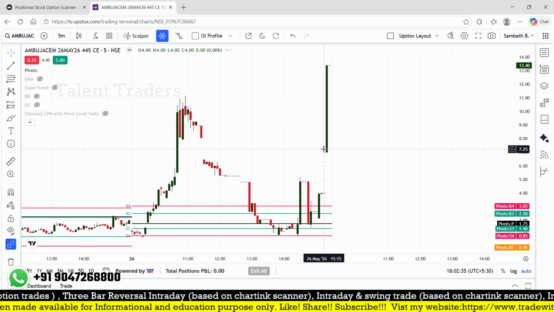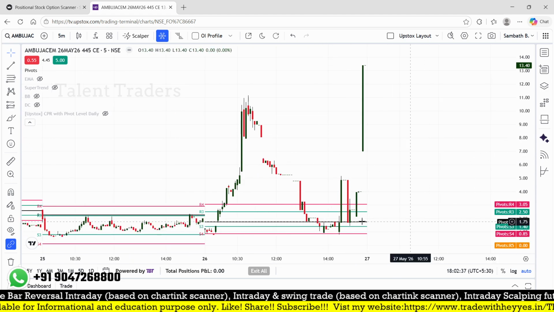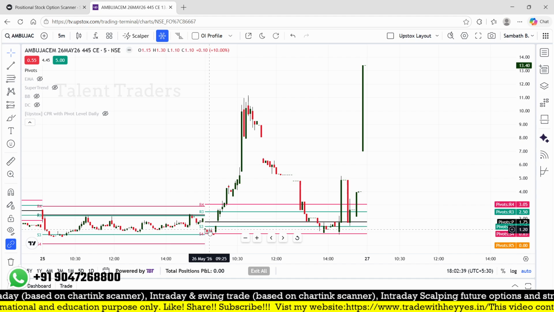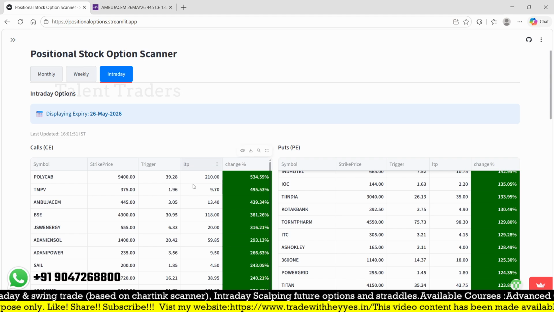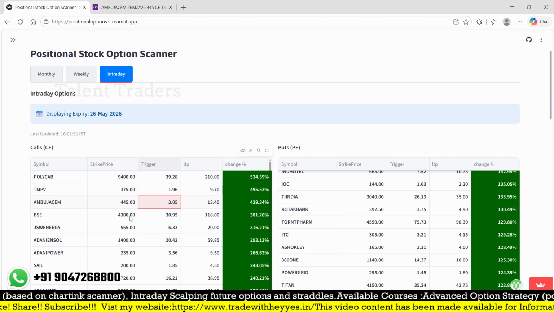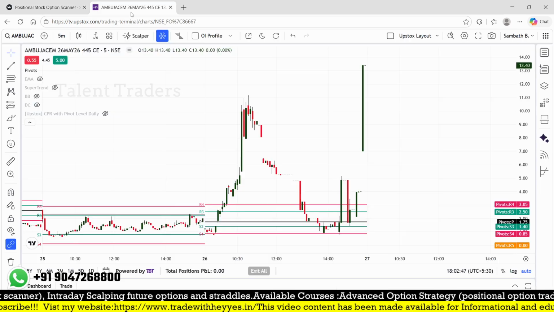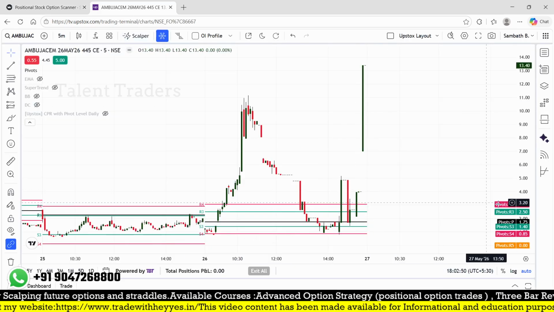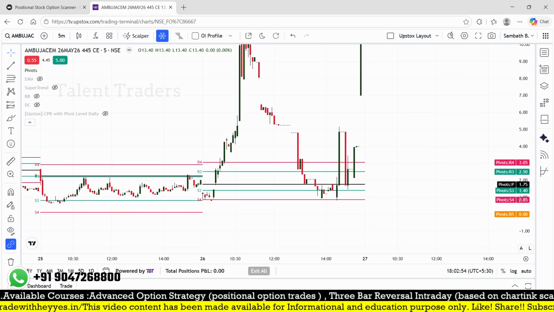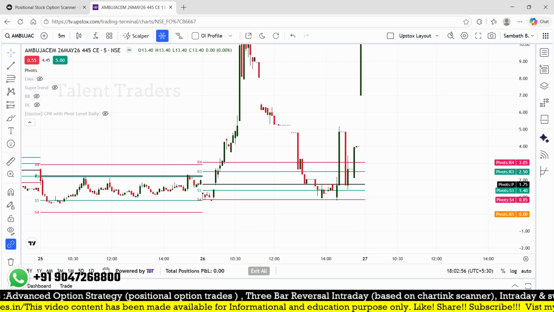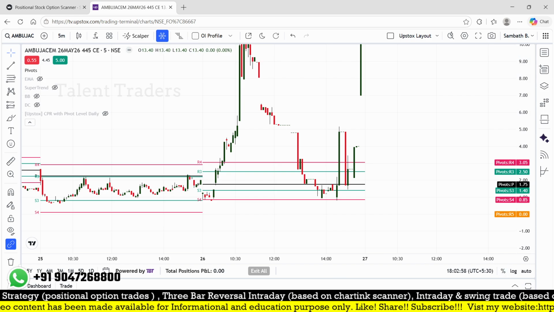For an example, today it started inside, and it gave an opportunity at 3.1. The price mentioned here, Ambuja Cement 3.05, is exactly where you can see that R4 value. So exactly 3.05. What we are planning with this R4 is for an intraday purpose.